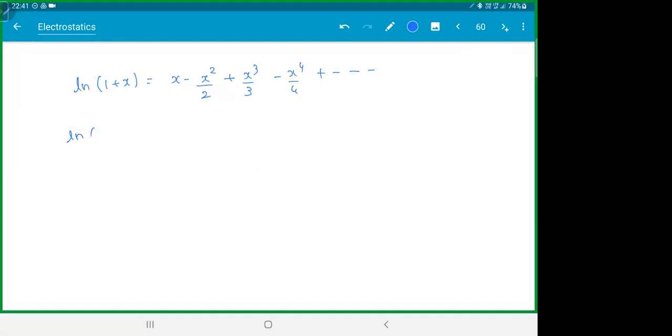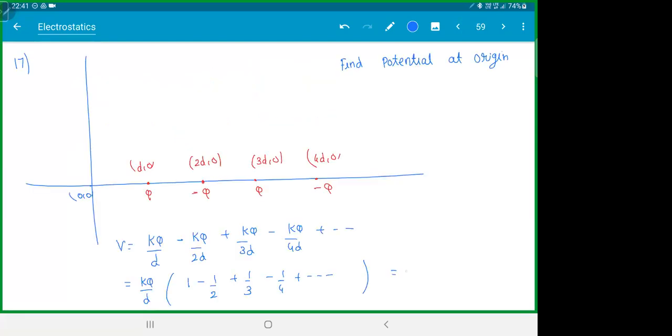So if you put x as 1, ln 1 plus 1 is ln 2, and this becomes 1 minus 1 by 2 plus 1 by 3 minus 1 by 4, and so on. So this thing is kQ by d ln 2. That's the ln series. Keep this in mind, quite a useful thing. We'll see this again in magnetism. So with this, we are done with field and potential of point charges.